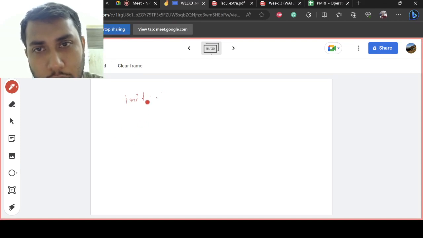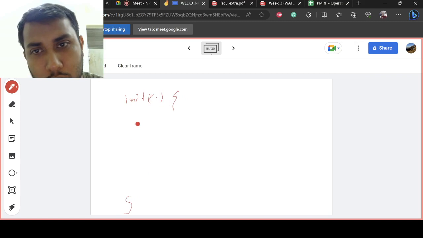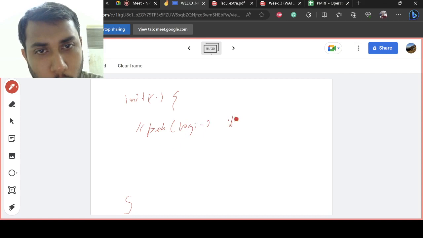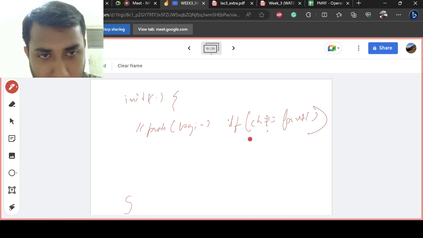So let's say this is the init function. Here it first forks login, and if you have seen the code, it will be like: if ch is equal to fork, then here they will write the login code.